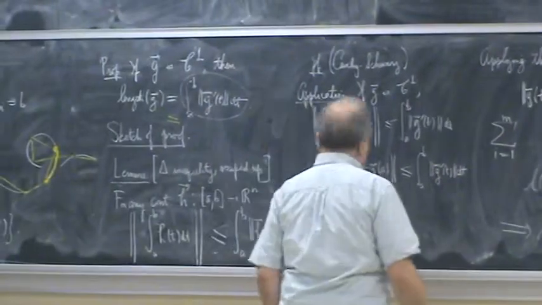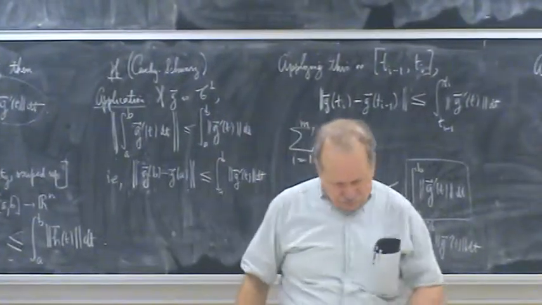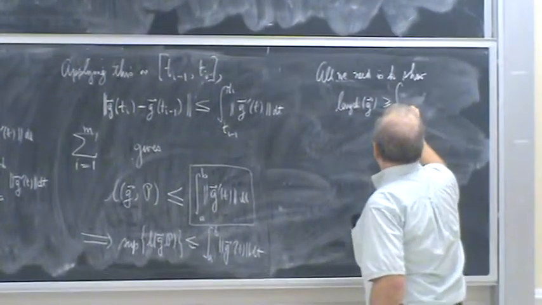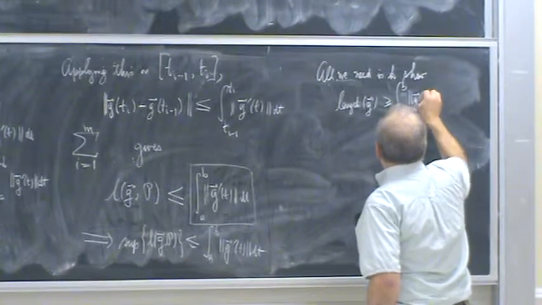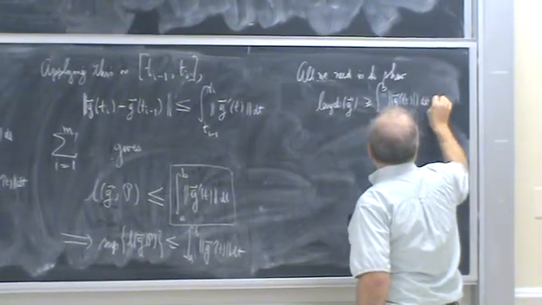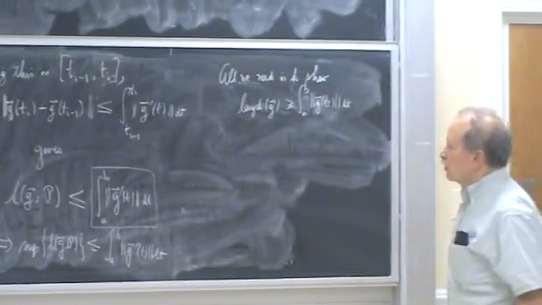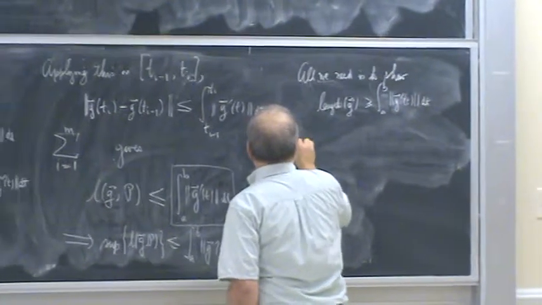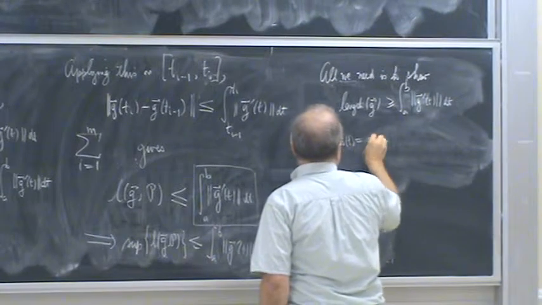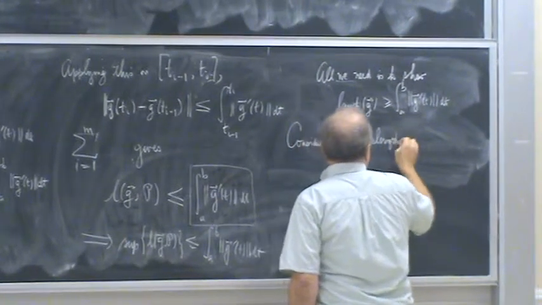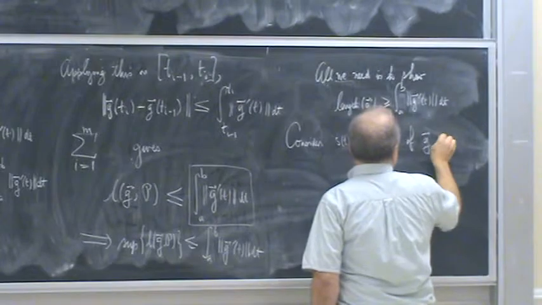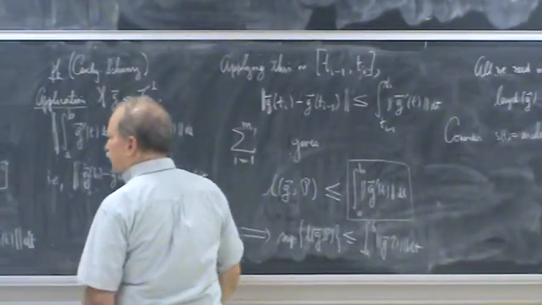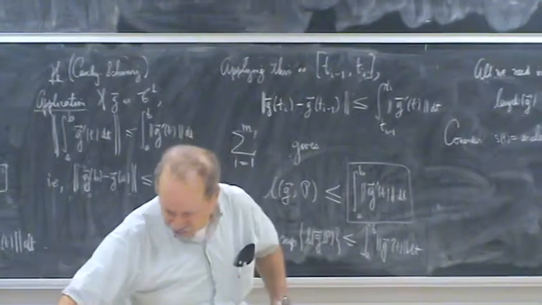Well, actually, what I want to do is, let's consider s(t), which is the arc length of g on the interval from a to t. I guess I didn't call it arc length, I called it length.